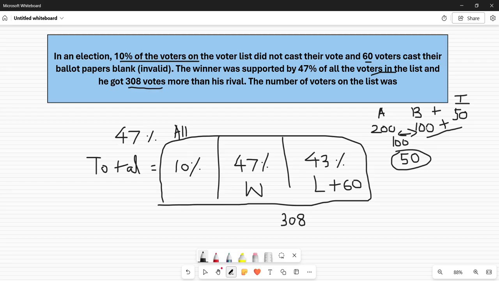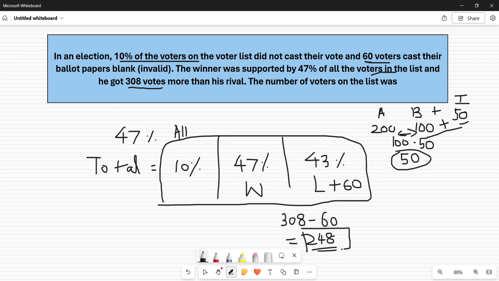Because when you add the invalid vote count to the loser's votes, the gap reduces by the same number. It's like 100 minus this 50, right? So when you add the 60 invalid votes to the loser, the gap reduces. So the gap becomes 248.